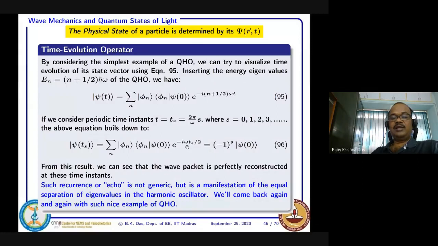And here, if you put 2 pi by omega into s, you know n is an integer, so whenever you put t equal to t s, 2 pi by omega into s multiplied, there will be some e to the power i 2 pi, which will be cancelled. The leftover part will be i omega t s by 2, because e to the power i 2 pi n, for some integer, means 1.